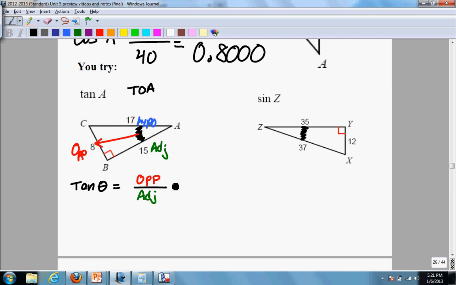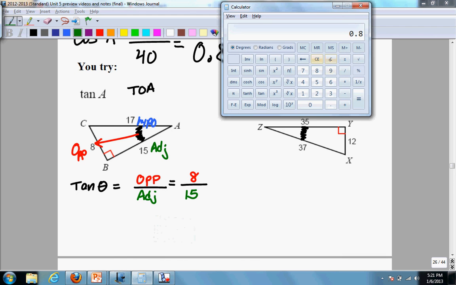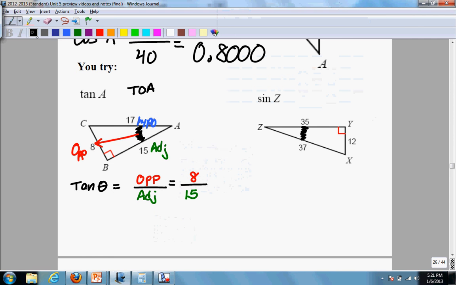So opposite over adjacent is 8 over 15. In the calculator, I go 8 divided by 15, and we get 0.5333 repeating. In this case, the tangent of angle A is 0.5333.